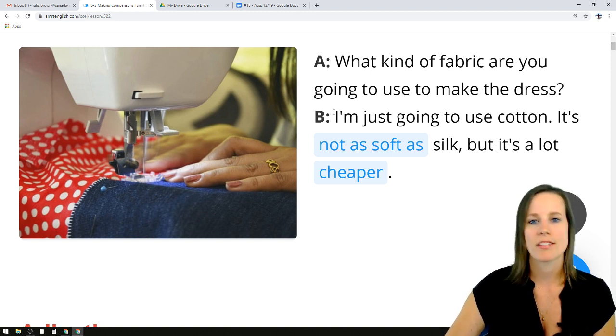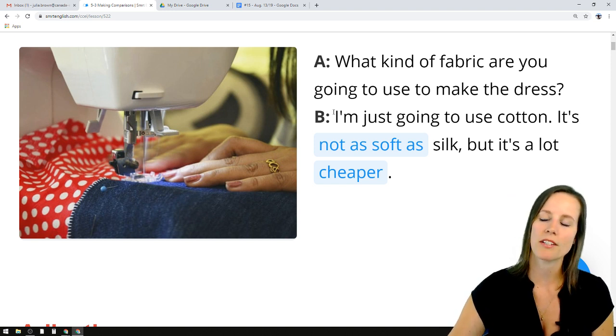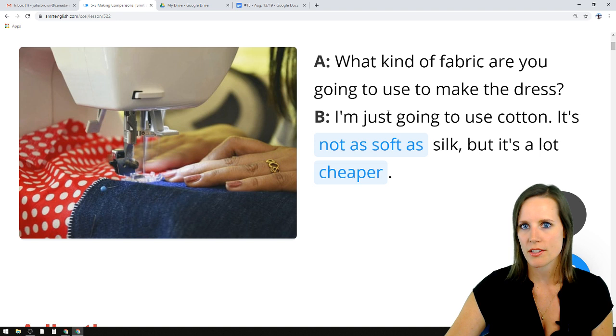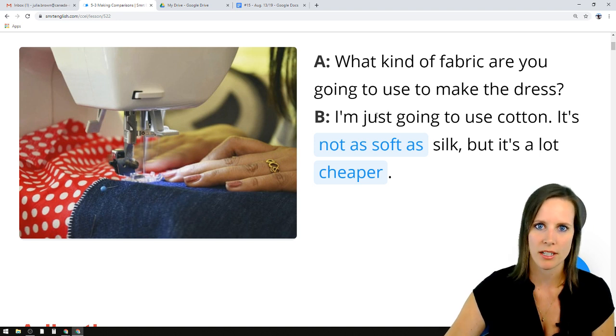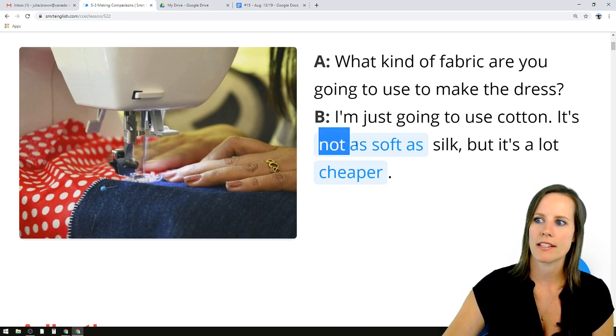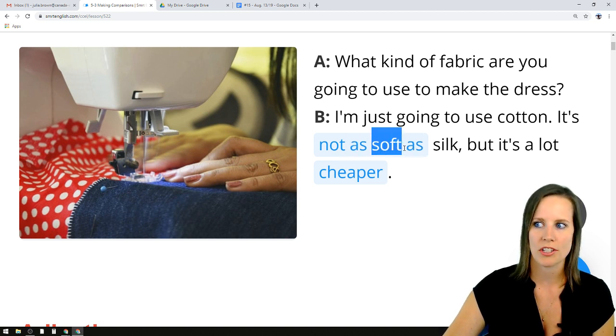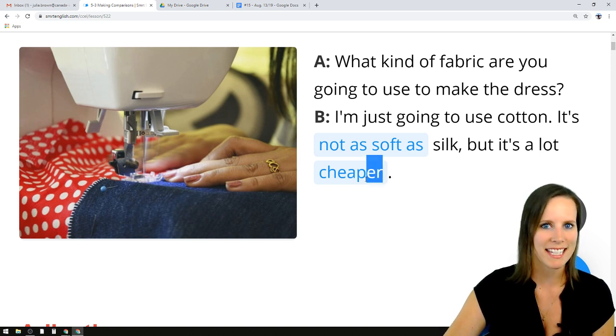It's not as soft as silk, but it's a lot cheaper. Okay, so we actually have our two different ways of comparing that we're going to talk about today, and that is the as and as with our adjective in the middle, and then our comparative adjective with er.